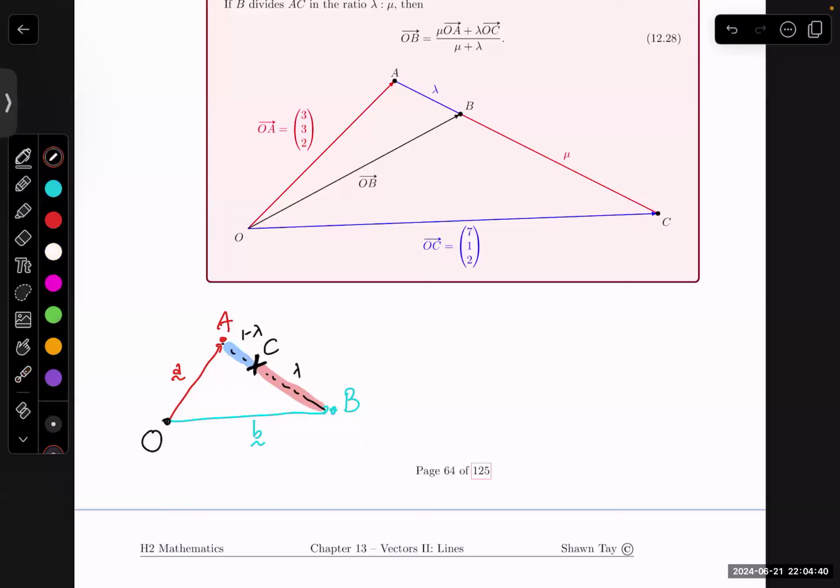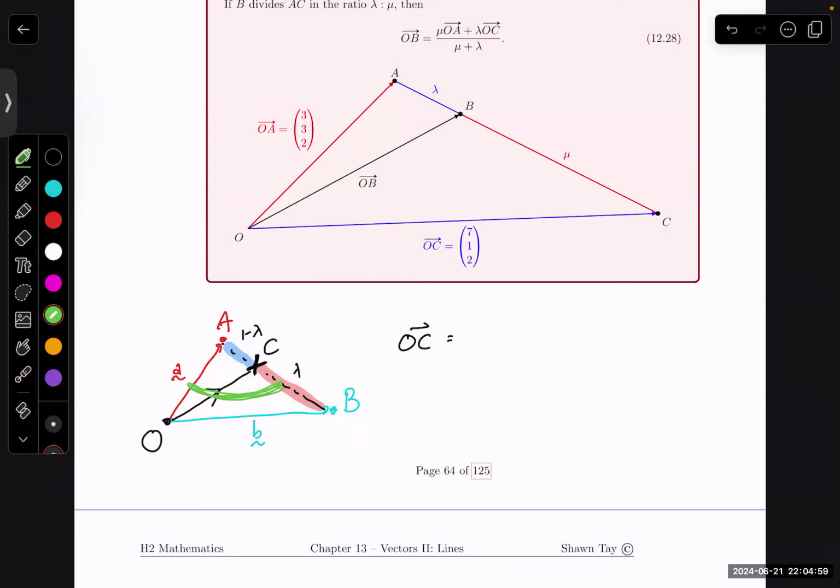In order to find vector OC, I'm going to jump across, using a different color, green. I'm going to join the red and the red like this.